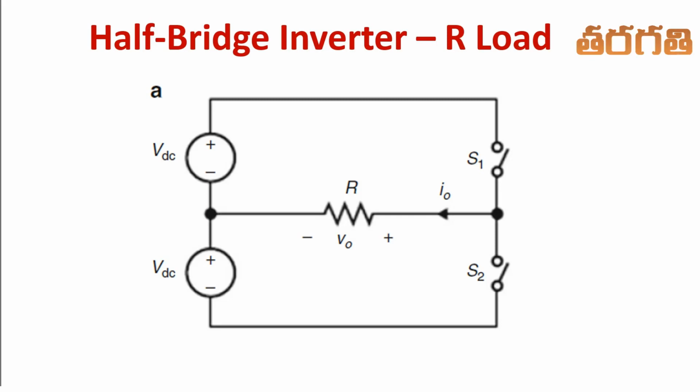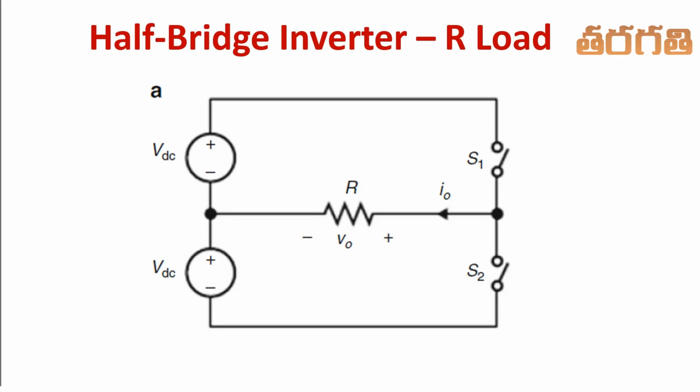What happens if you take an ideal case? Under ideal circumstances, switch S1 will have zero losses. As a result, the load voltage V0 is equal to VDC.